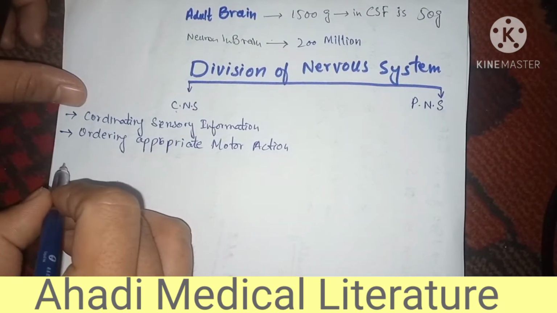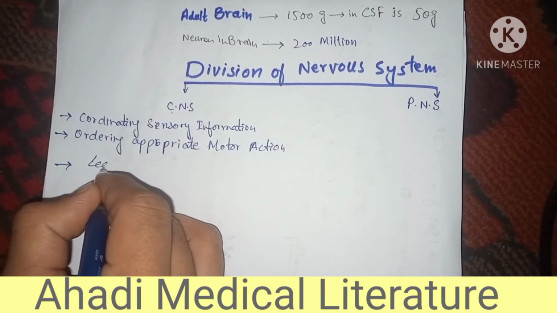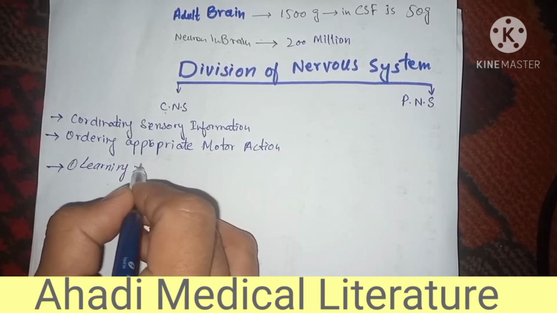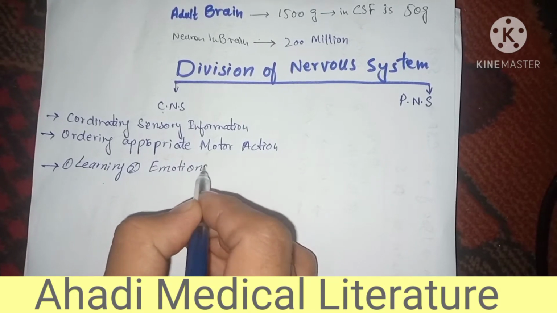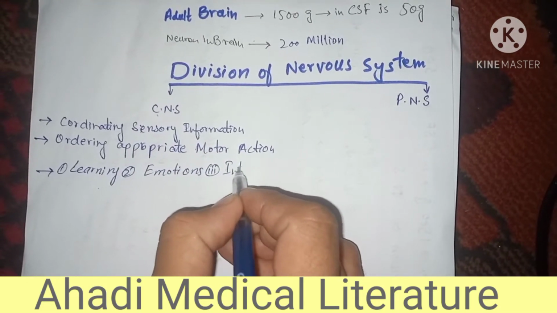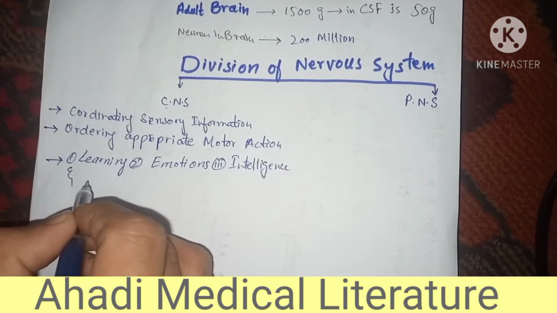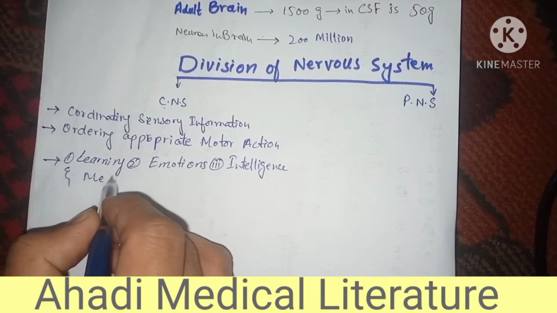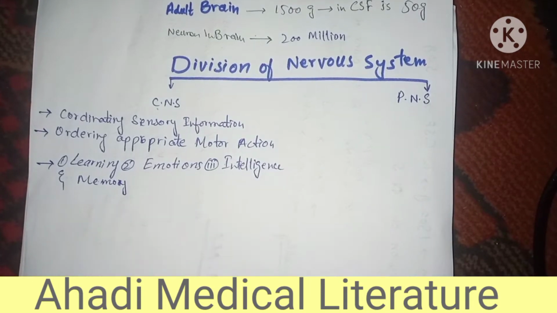So CNS is a place where learning, emotions, intelligence, and memory take place.